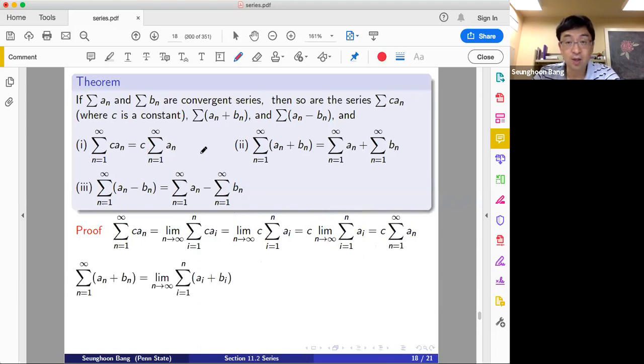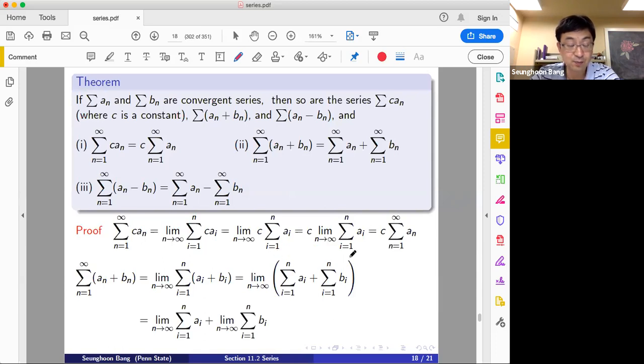Second one, similar. Use limit and partial sum. The limit of the summation i equal to 1 to n of ai plus bi. You have to use the property of partial sum. You can distribute the summation to the first and second one: limit of the summation from i equal to 1 to n of ai plus the summation i equal to 1 to n of bi. The next is to distribute the limit to the first and second one.